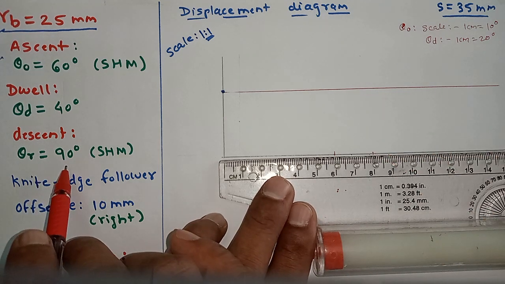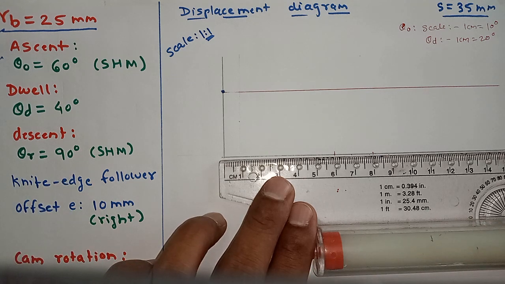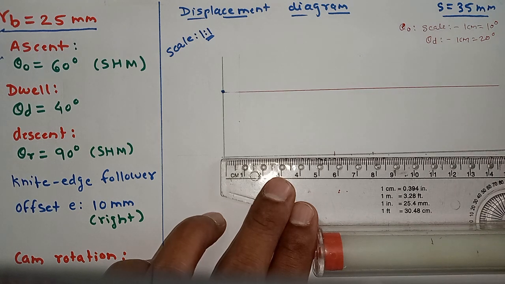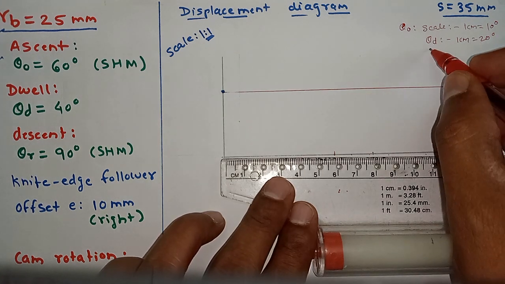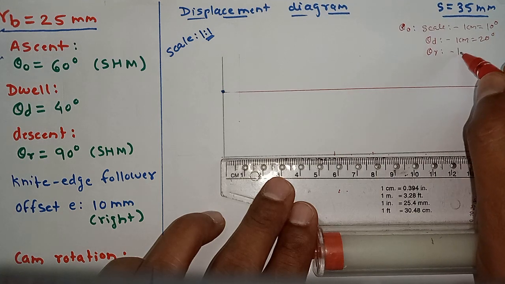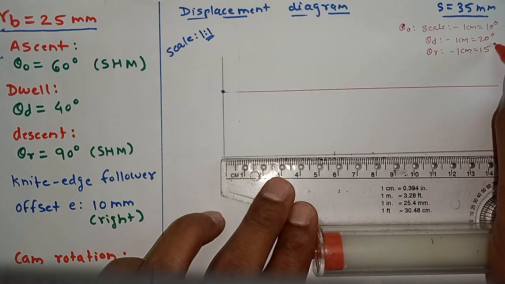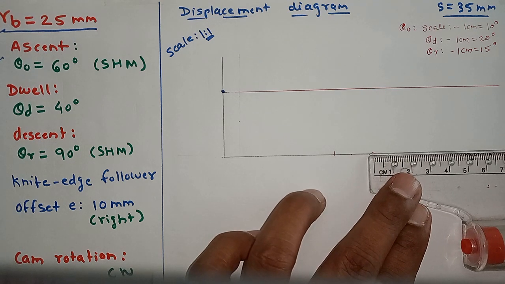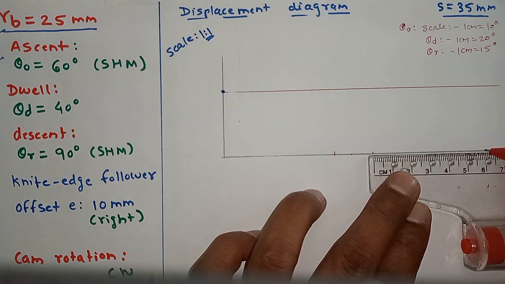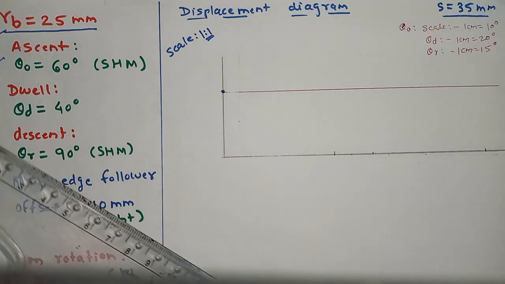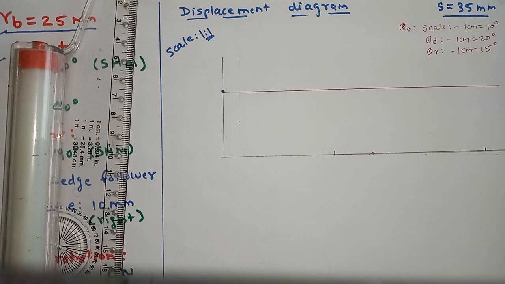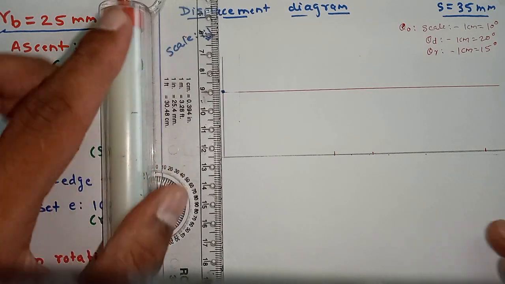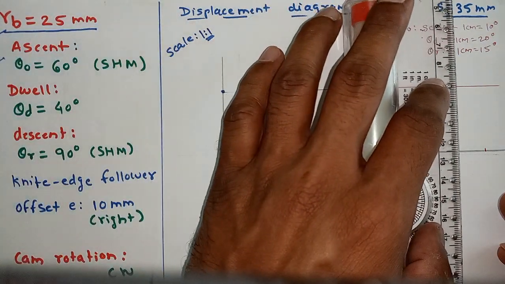Next is the return stroke of 90 degrees. For that, I will take the scale of, say, 90 divided by 6. 1 centimeter equals to 15 degrees. So 6 centimeters will give me 90 degrees. So here is the end of return stroke. Let us draw the vertical lines parallel to the y-axis through these divisions.